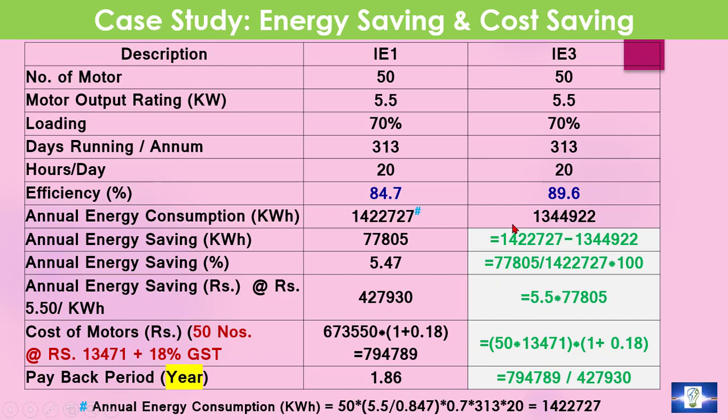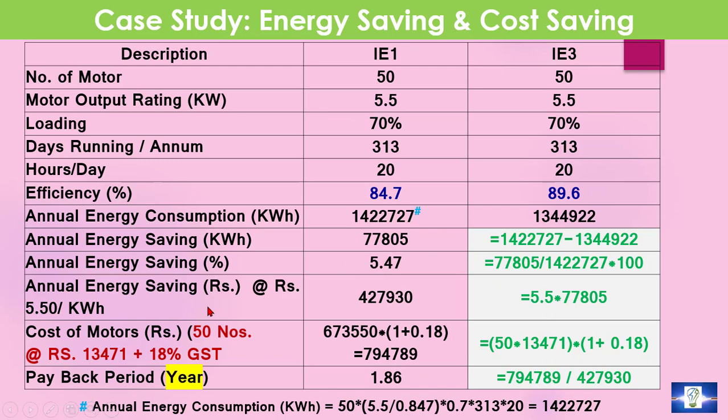From the same type of calculation, the IE3 motor annual energy consumption is 13,44,922 kilowatt hour. So if we go from IE1 to IE3 motors, the annual energy saving is 77,805 kilowatt hour. The annual energy saving is this minus this, that is 77,805 kilowatt hour, and the percentage saving is this figure divided by the IE1 energy consumption figure times 100%, that is 5.47%.